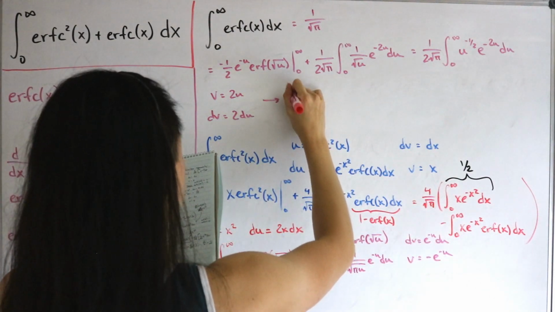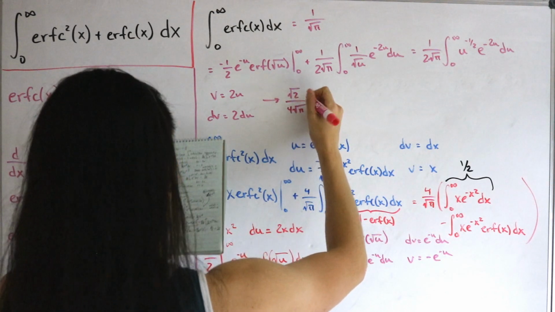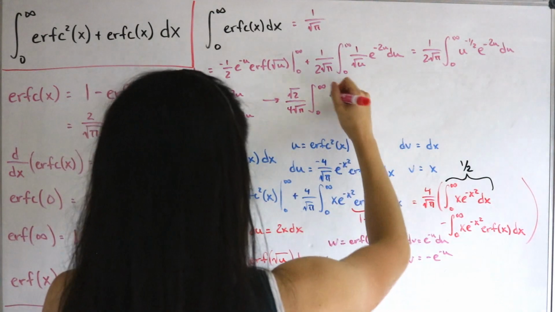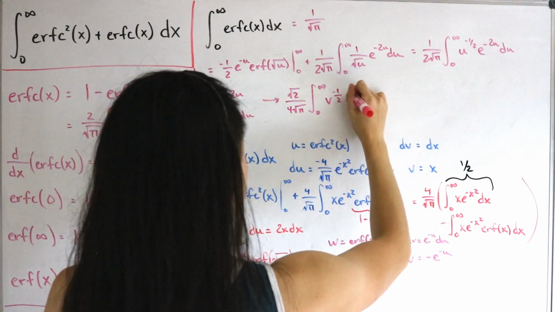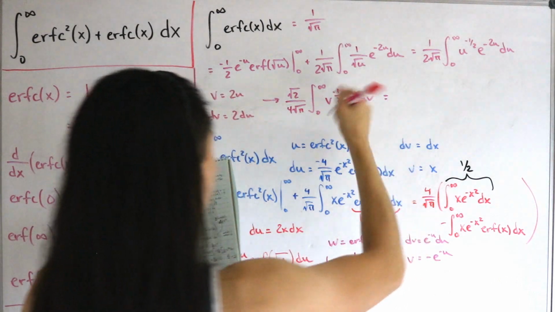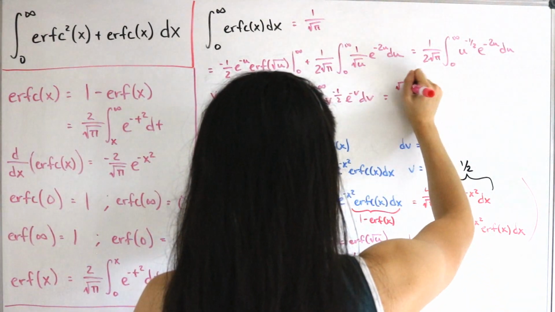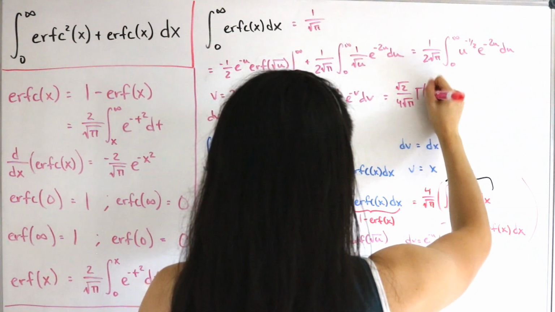So that means now afterwards we're going to have the square root of 2 divided by 4 times the square root of pi, and then now we have 0 to infinity, so the bounds don't change thankfully. So a v to the negative 1/2 multiplied by e to the negative v and then dv. And then this actually follows a nice definition. This is the integral representation of the gamma function. If you plug in the values correctly, we have the square root of 2 divided by 4 times the square root of pi multiplied by gamma of 1/2.